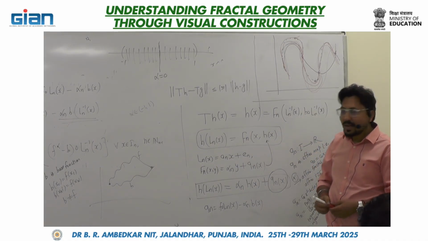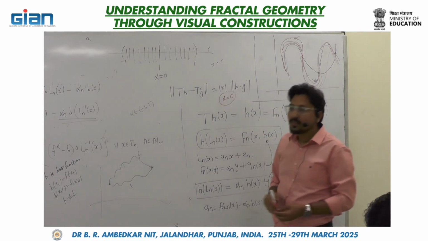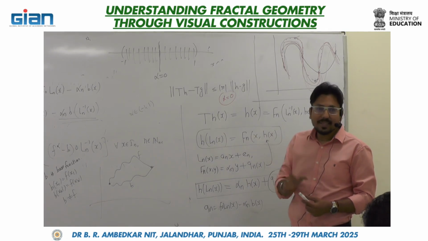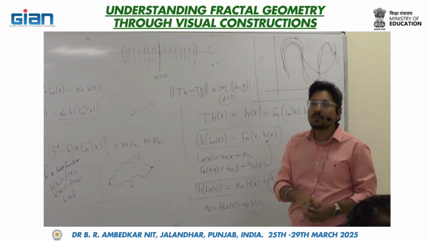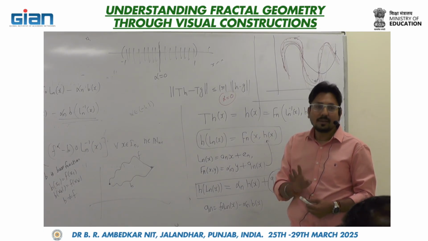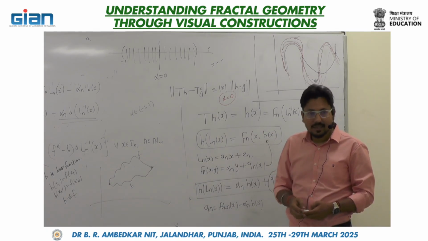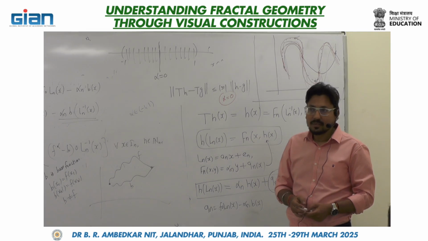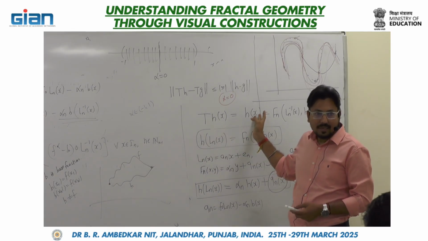Understood? And when you take alpha equal to 0, you exactly get the classical interpolation theory. So what you got is that these alpha fractal functions are generalizing classical interpolation theory, and at the same time, by varying alpha, you can get infinitely many curves.